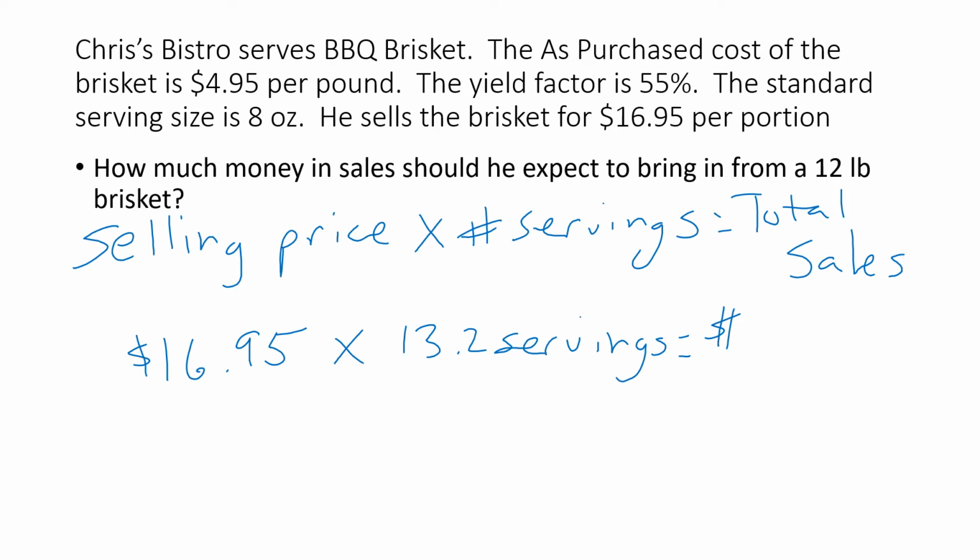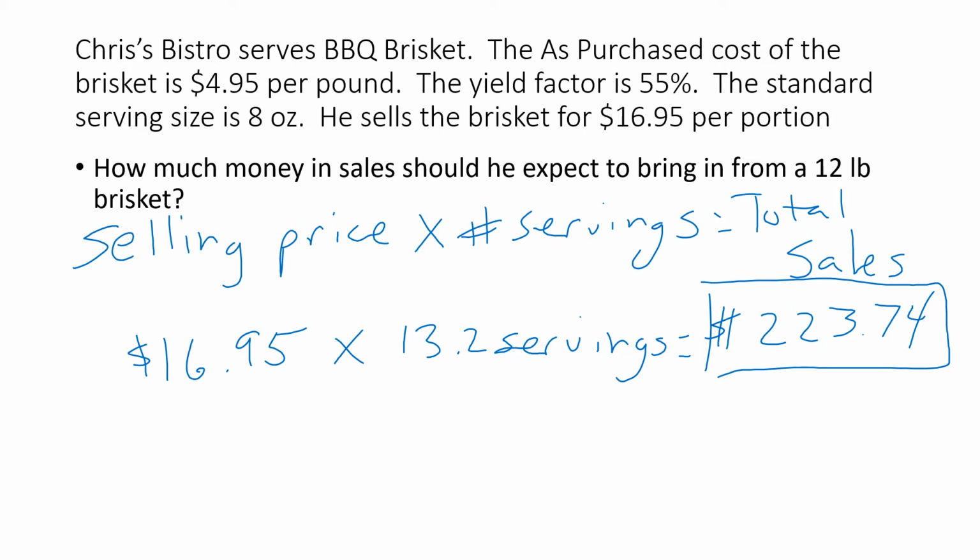What's that? 223.74. Do we all agree with that? Yes. Okay, that's how much money we're going to get in for that if we sold all 13.2 servings. One brisket.